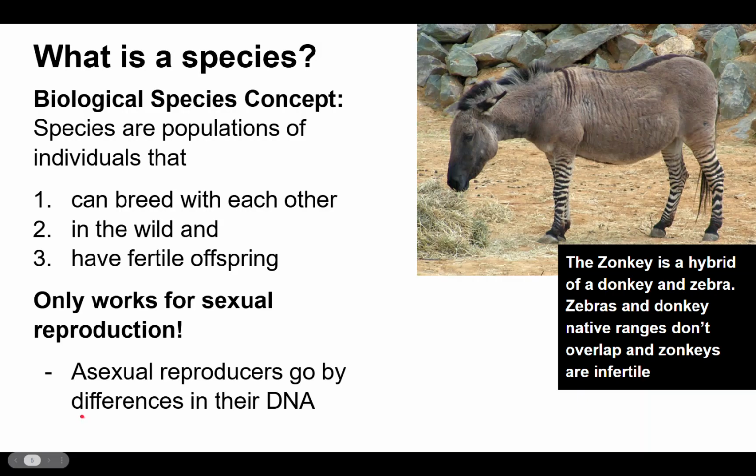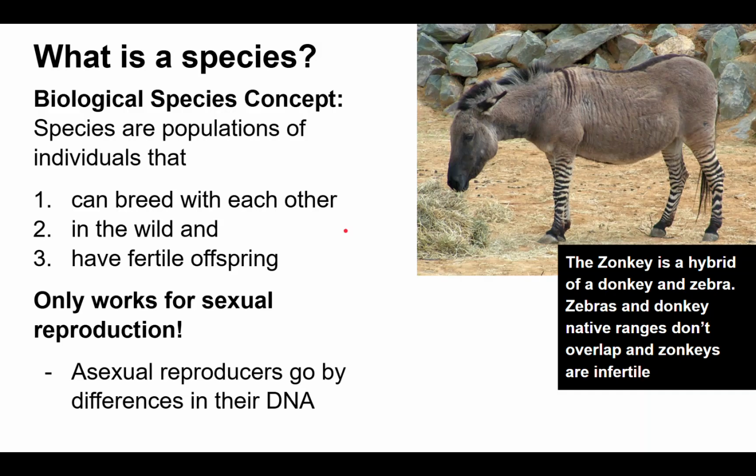So if it's about a 2.5 to 3% difference, then it's probably a different species, right? It seems kind of arbitrary, but you just have to pick a spot and stick with it. This is a bit more elegant, but there are also issues with this as well. Ultimately, it doesn't really matter how we define it. You can just let the taxonomists actually tell you how to do it.